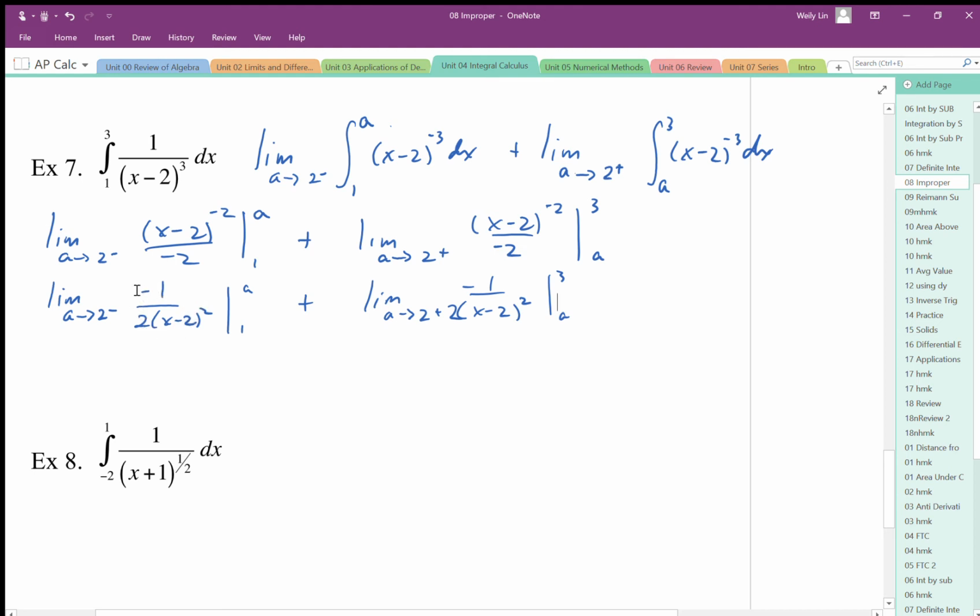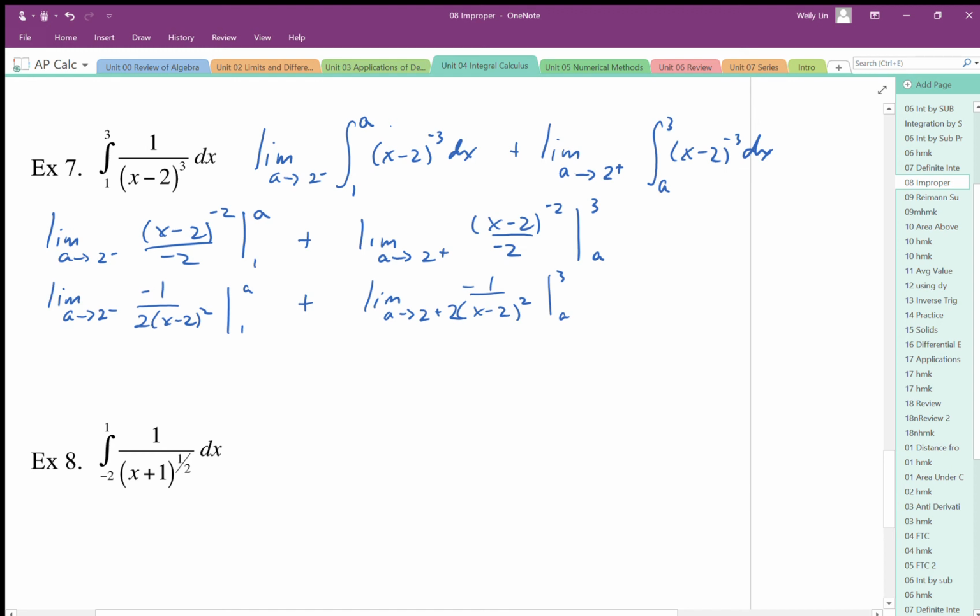That's very important to keep track of the signs, and understand where those signs are coming from. So I'm going to get a negative sign in there, squared, which is positive. So I'm going to end up with negative 1 over 0. I really shouldn't write that, but it's going to be negative infinity.